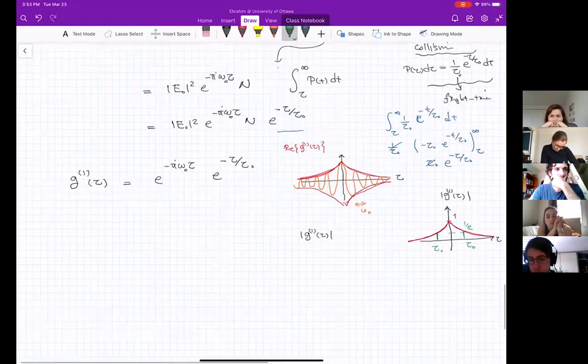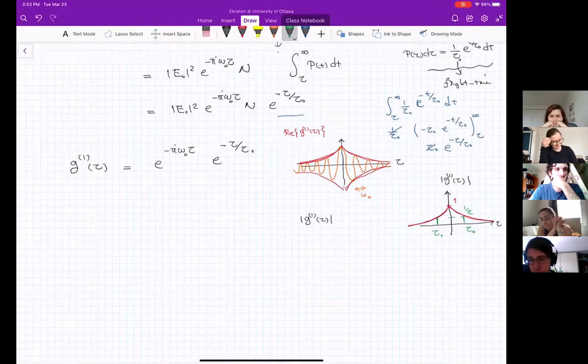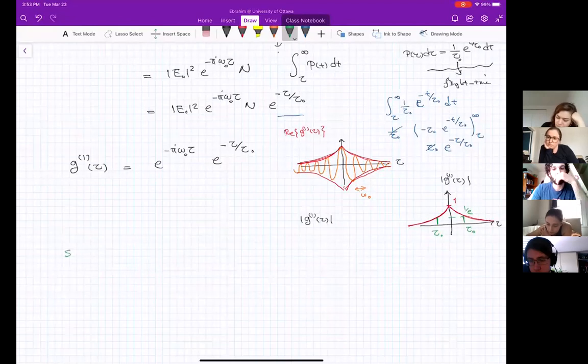Now, as an exercise, guys, I know G1. Can I calculate S(omega), the power spectrum of these? Yes. So S(omega) is 1 divided by pi, the real part of the integral from 0 to infinity of G1 of tau, Fourier transform, e to the i omega tau d tau.